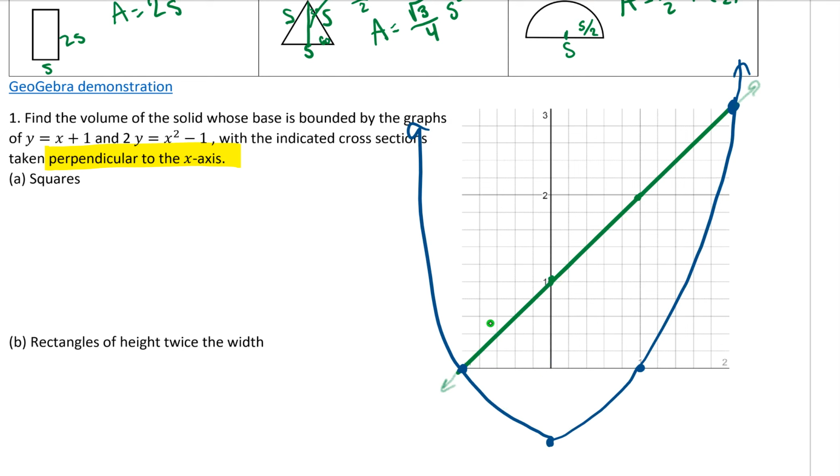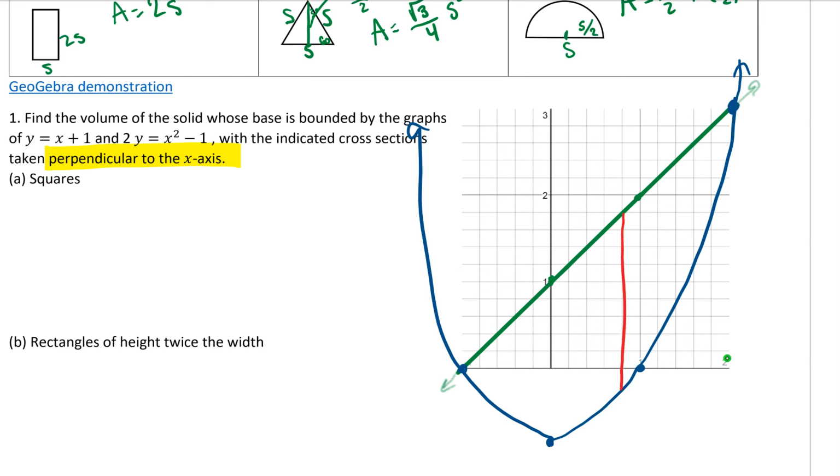That's great. Now the first one we have to do is squares. We have to put squares in here somehow, and the way we're going to do that is we have them perpendicular to the x-axis. So here's the x-axis, and I have them at right angles with the x-axis. That means my cross sections are all going to look like that.